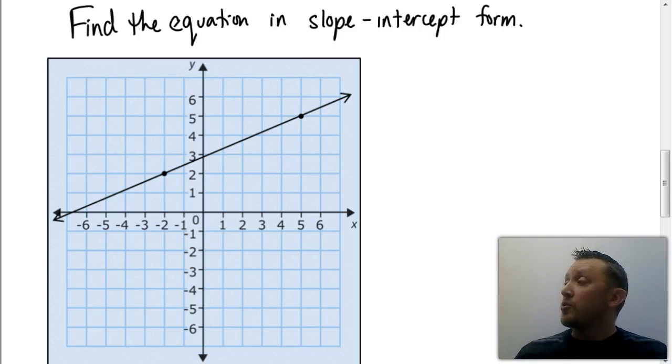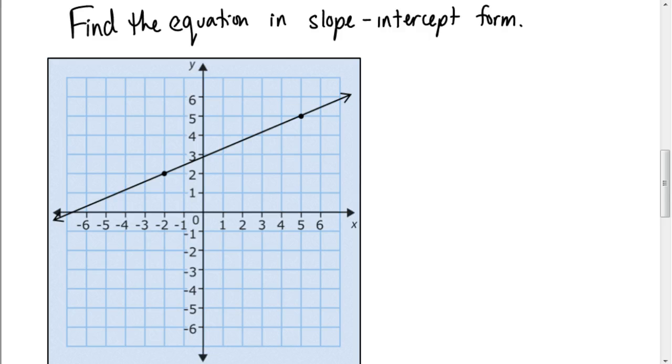So don't just assume there that the y-intercept is going to be 3. It looks like it might be really close to 3, but it doesn't look like it's going to be exactly 3, so we don't want to make that assumption. But we do know that we have a coordinate there. It looks like the coordinate negative 2, 2, and it looks like the other coordinate is the coordinate 5, 5. So we're going to use those 2 points to come up with the equation for this line.